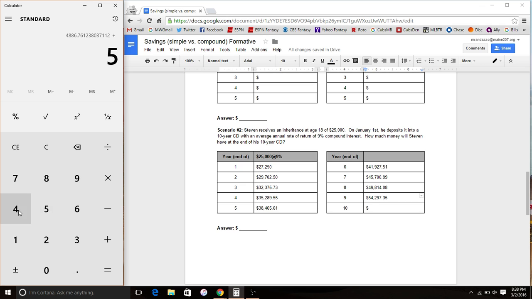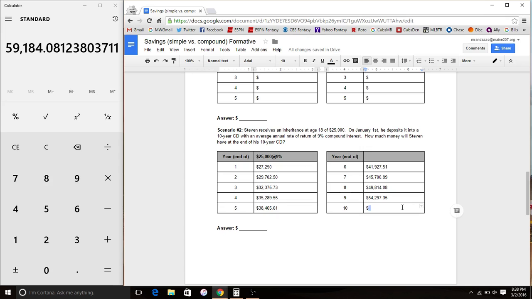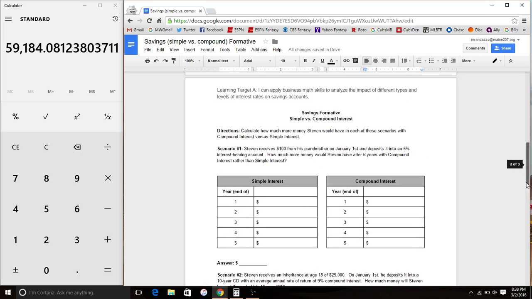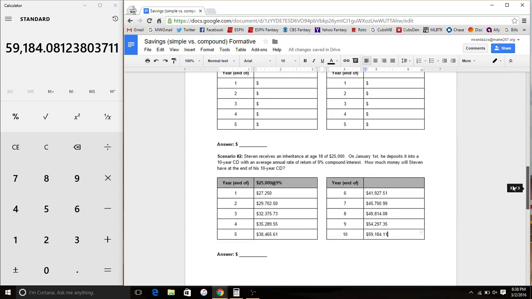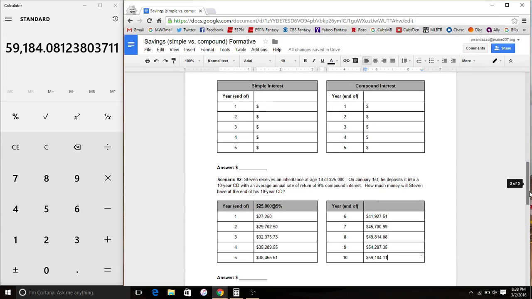Add the previous number. And, of course, we'll just have to add 3 cents. So our total is 59,184 point, I don't know, 11. All right, 59,184.11. 59,184.09. So somewhere around there. Depends on how much you rounded, but if you're within 5 cents, it should be the correct answer.